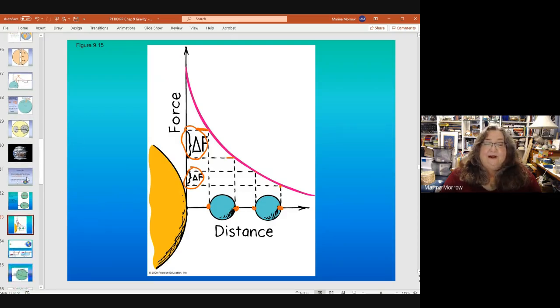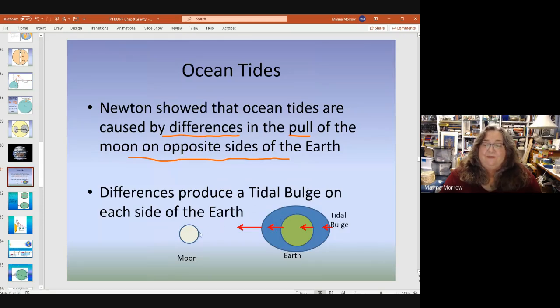Okay, so what's going on? Our planet is being pulled by the moon, and the different layers of the planet are being pulled with different amounts. So the ocean layer is pulled away from the Earth layer on one side, and then on the other side, the Earth layer is being pulled more than the ocean layer.